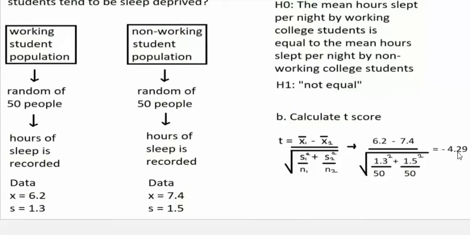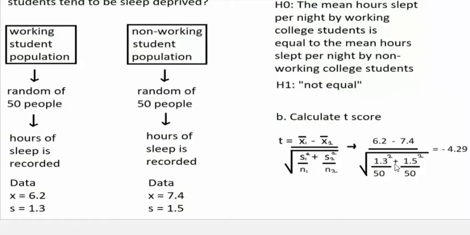So like I said, square the two numbers on the bottom, which is 1.3 squared and 1.5 squared. Then add the two fractions and get the total. Then divide the fraction and just get one number under the square root.